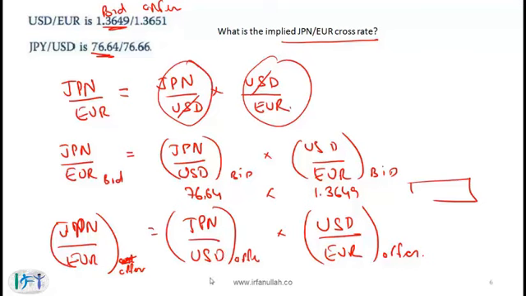To come up with the offer rate, you simply multiply the Japanese yen to USD offer, which is this number, 76.66, multiplied by this number, 1.3651. And note that, as you would expect, the offer is going to be higher than the bid, which is the way it must always be.